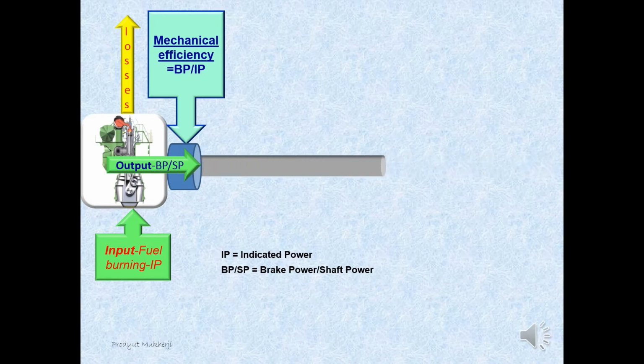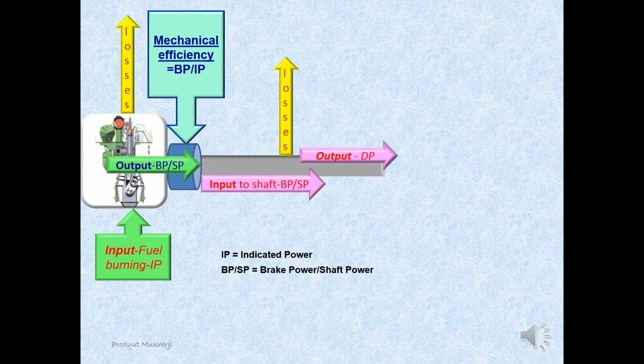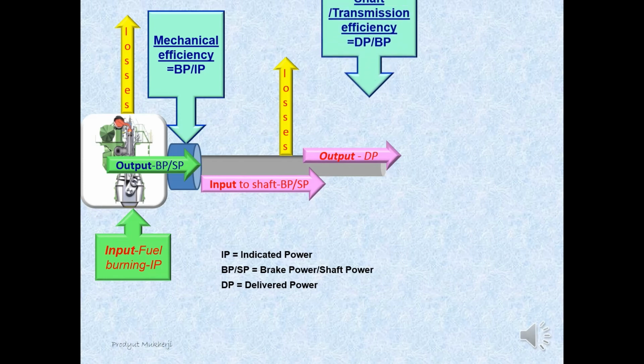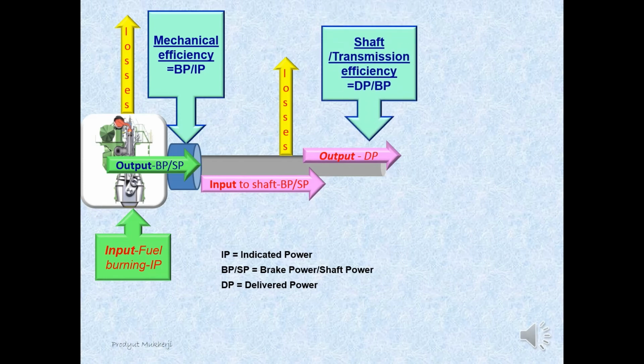The next machine in line is the shaft, input to which is the same brake power or shaft power. It has its transmission losses. Output from the shaft is called DP or delivered power. So we can say that the transmission or shaft efficiency is delivered power by brake power. Delivered power is the output, brake power is the input, and we know efficiency of any machine is output divided by input.